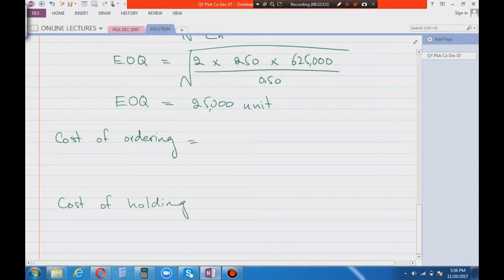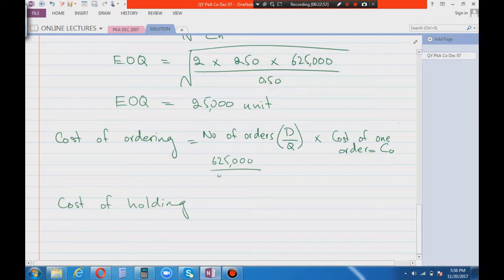As we said, the cost of ordering is number of orders, which is basically demand divided by quantity multiplied by cost of one order, which is CO. So demand is 625,000 divided by quantity.